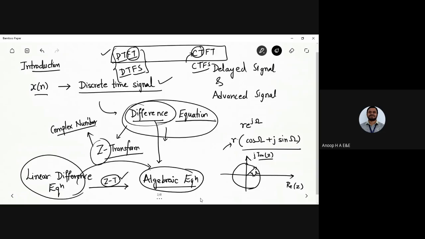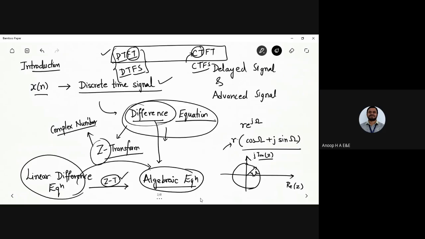That is one simple aspect, and later on we'll cover the properties and laws which you can apply depending on the signal that is there.